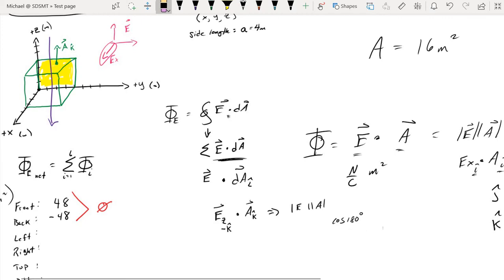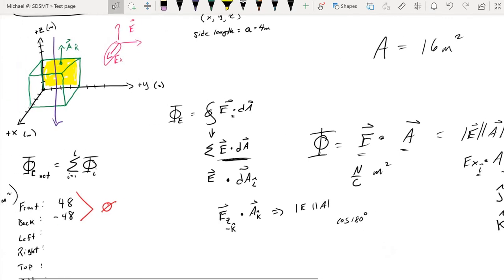And so what we would end up with for that top face, we would have magnitude of z component, magnitude of area vector, and cosine of the angle that exists between the two. Well, these two have positive, negative, which is going to result in an angle of 180. So that's another -1.